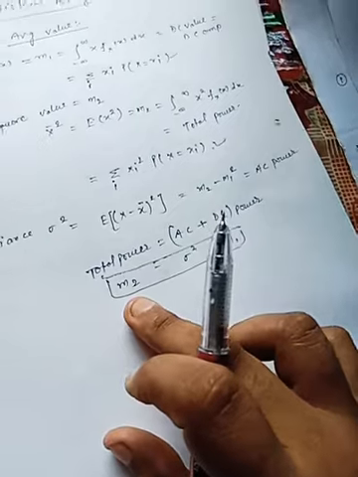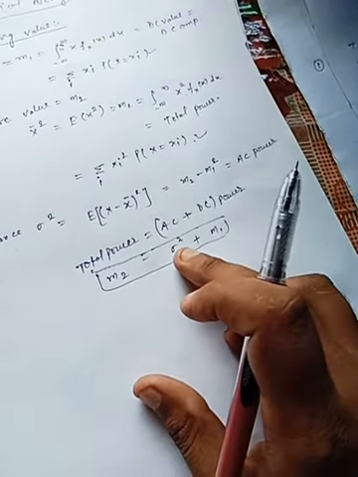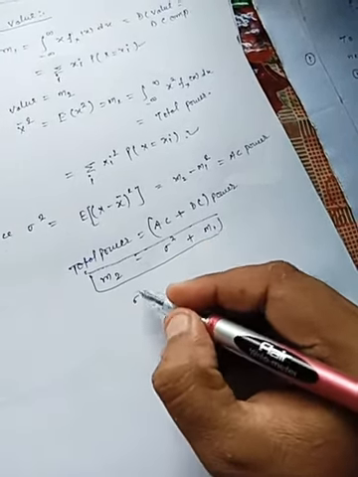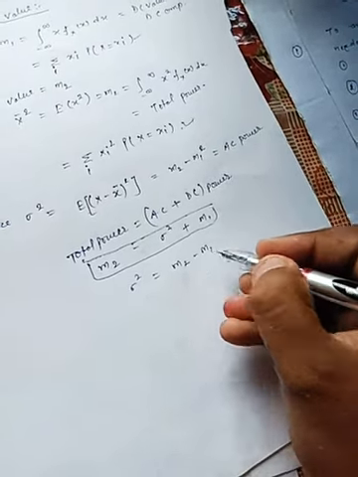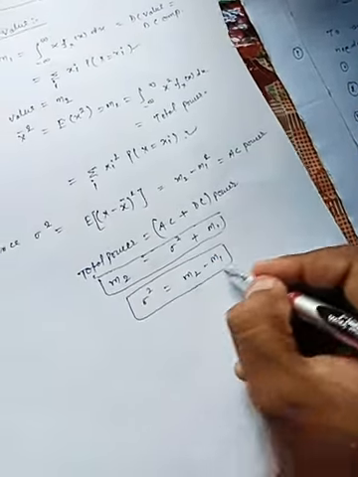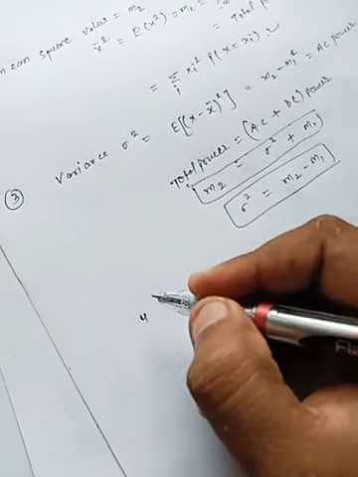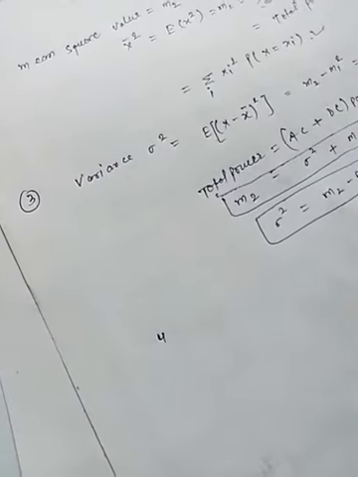Total power, that is mean square value, equals AC power in variance plus m1 square, or sigma square is equal to variance is equal to m2 minus m1 whole square.